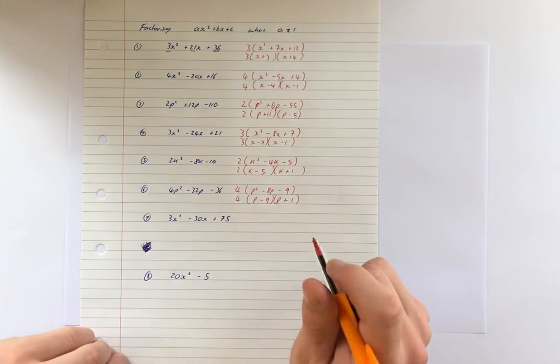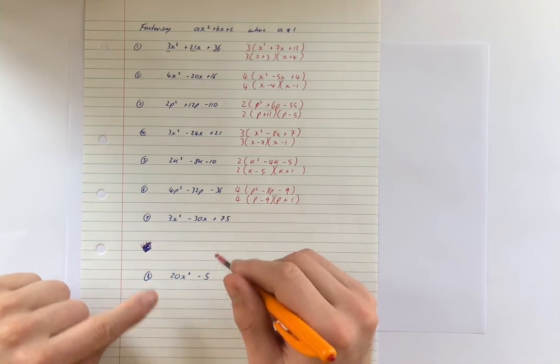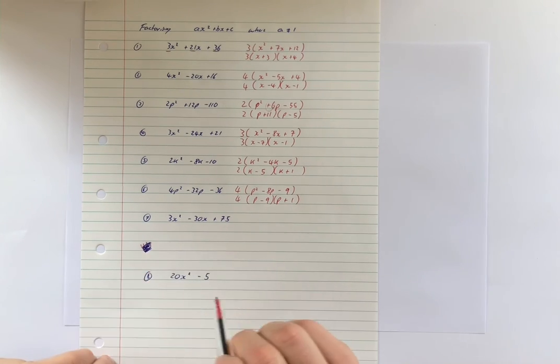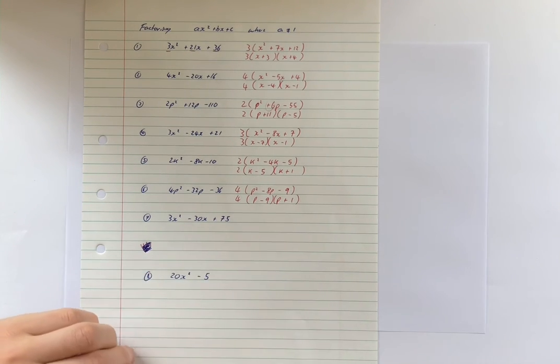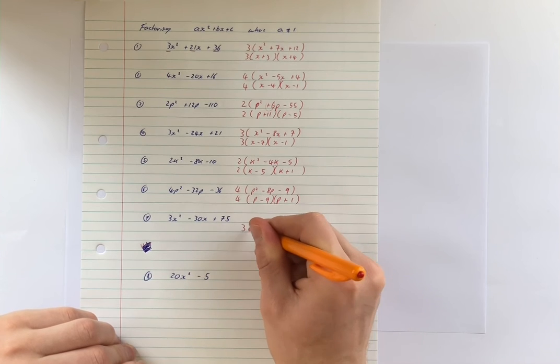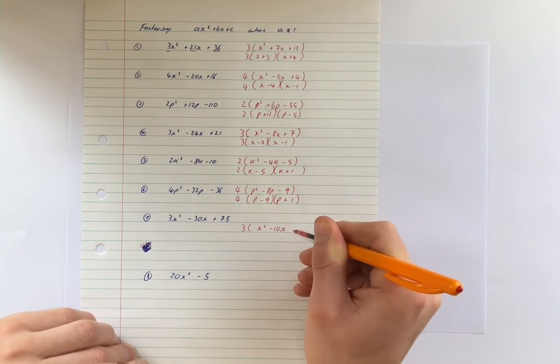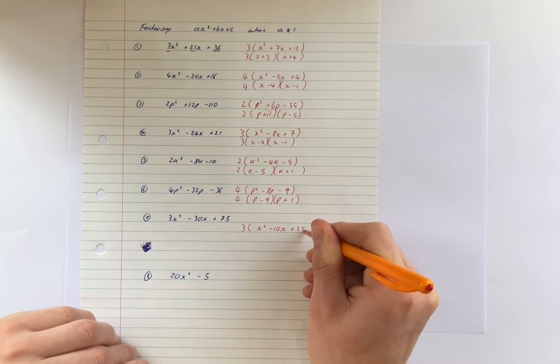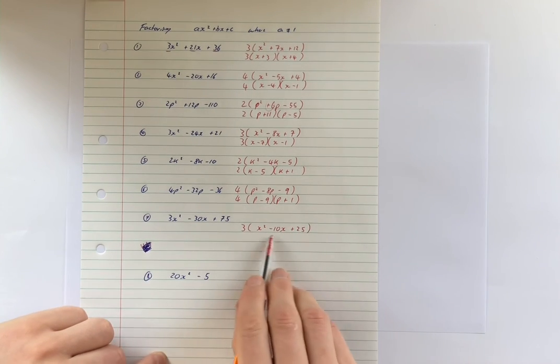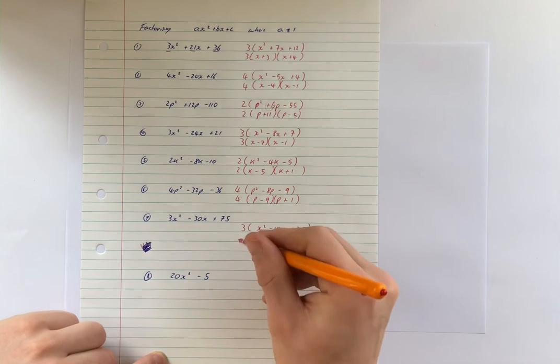Okay, question 7. I've got 2 special ones here. I've got 3x squared minus 30x plus 75. The 3 can come out of all those terms. x squared minus 10x plus 25. Hopefully that looks familiar from previous video.